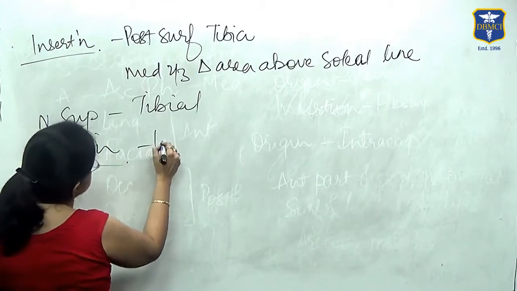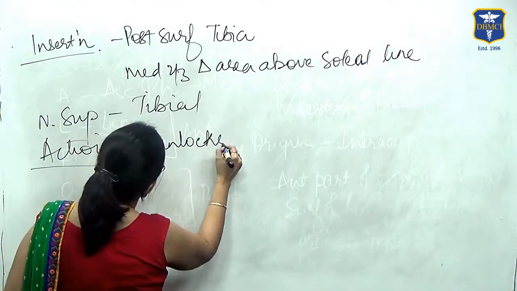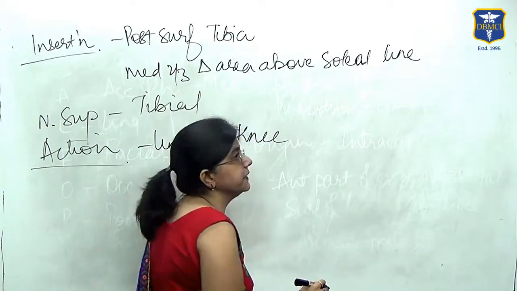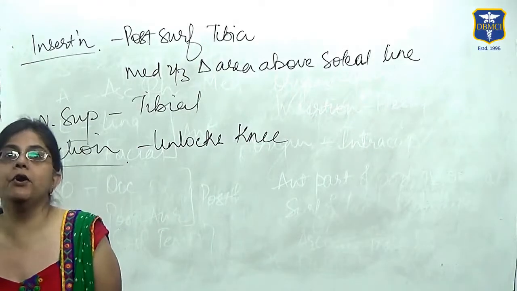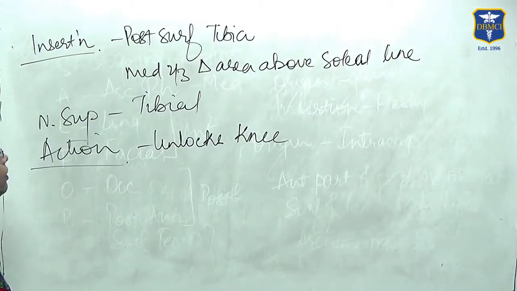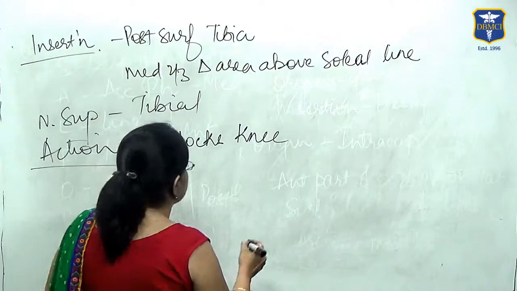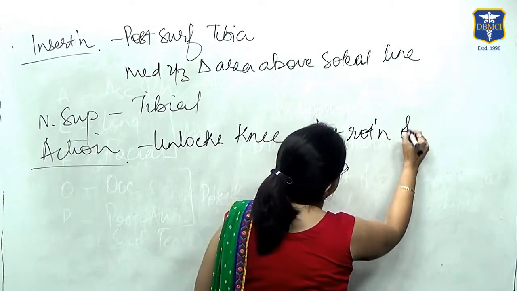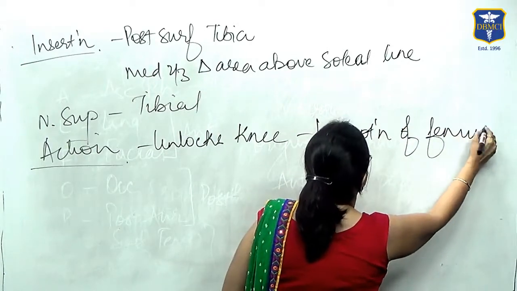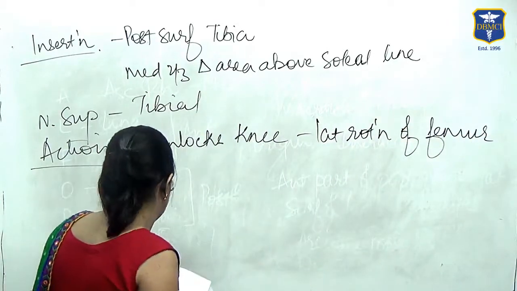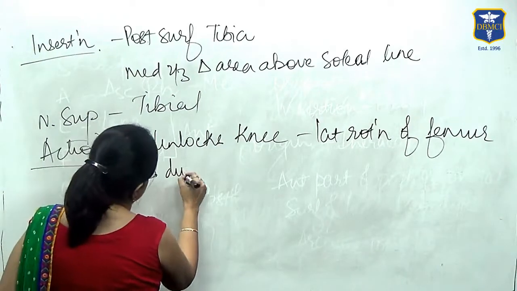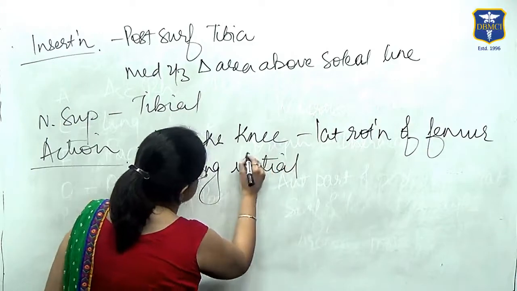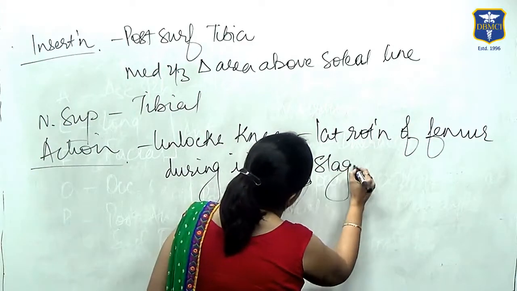it unlocks the knee. We've already done this. It unlocks the knee by rotating the femur laterally during initial stages of flexion. We have done this in detail already.